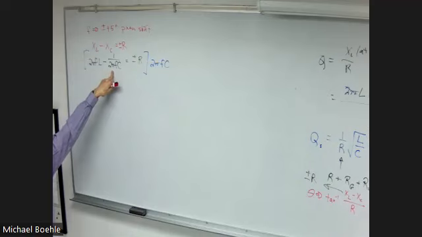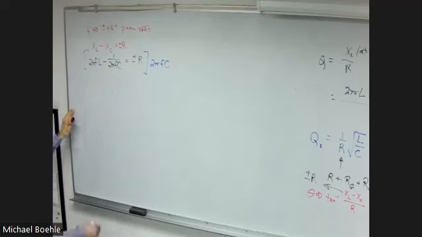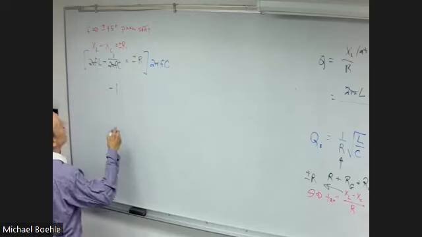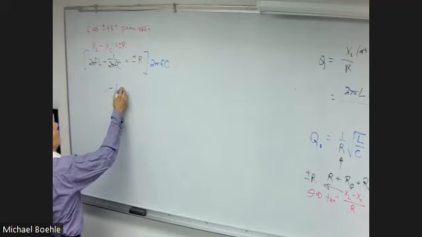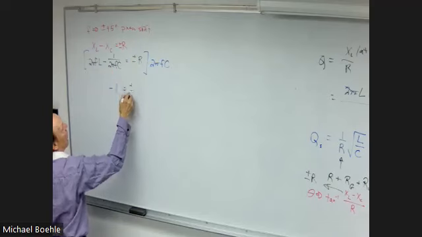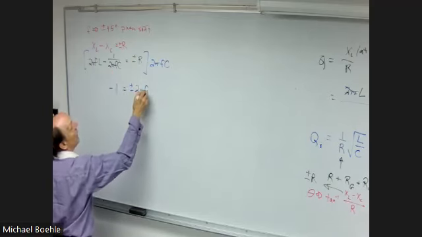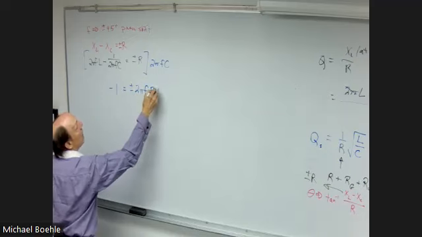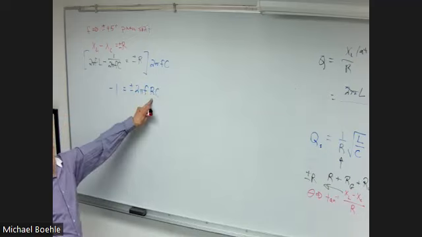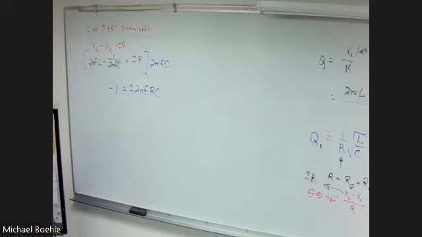Cancel it, and leave just 1. That term becomes minus 1. It's easy, right? What else? So over here we have plus or minus 2 pi F R C. I just stuck the R in there.